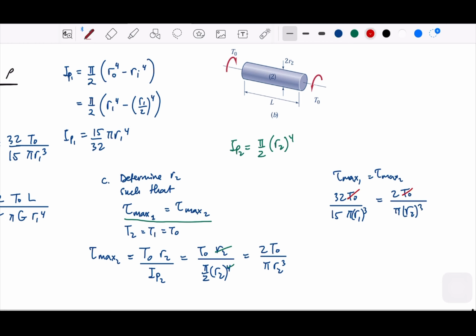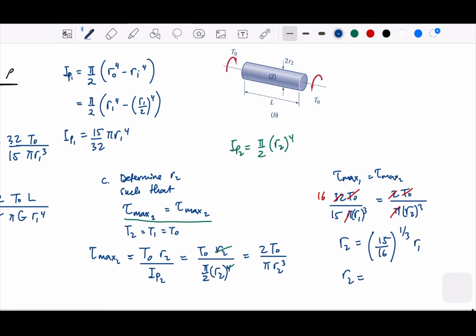So we cancel, and this will be 16. So R2 is 15 over 16 with power of 1 over 3, times R1, sorry, R1.